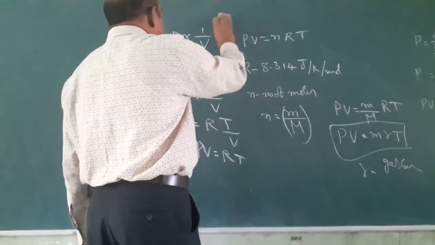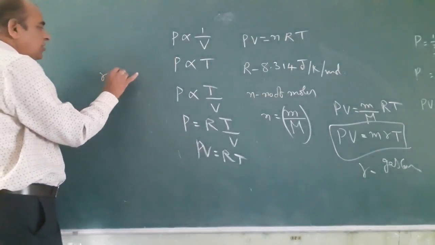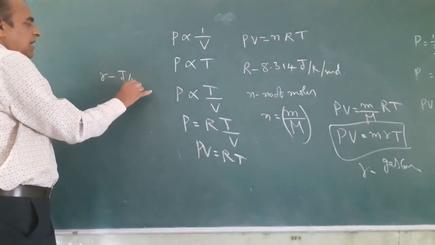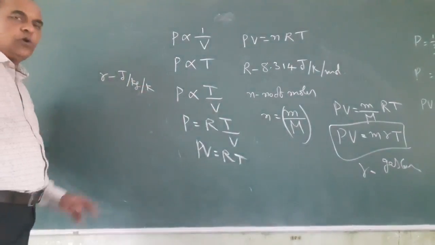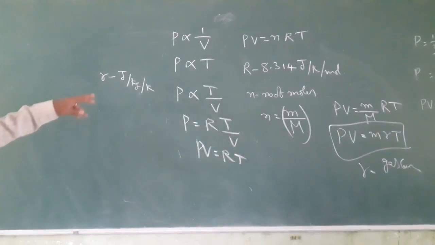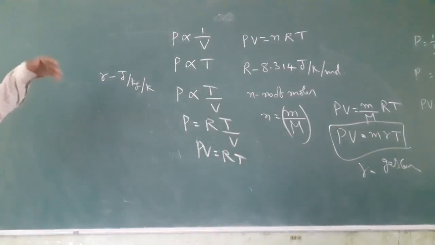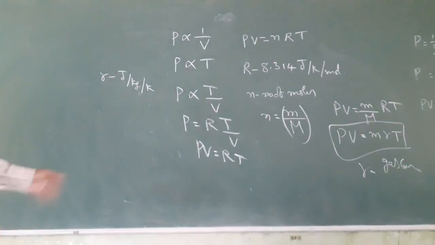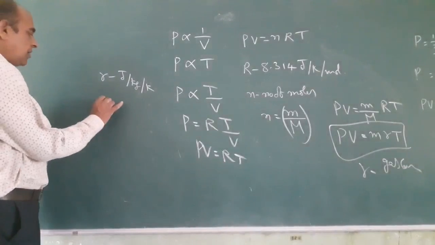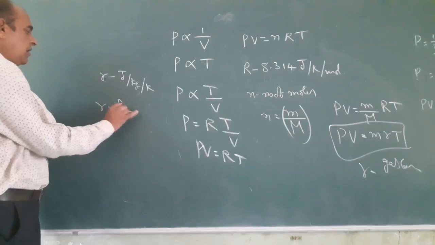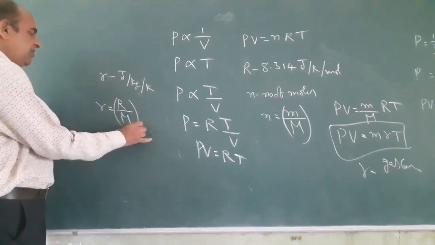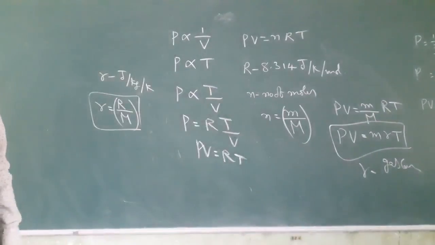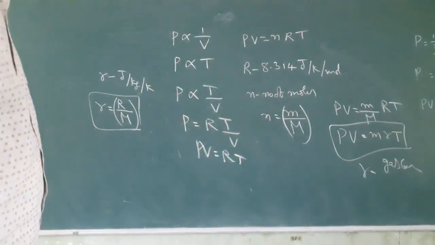The unit of small r is joule per kg per Kelvin. Its value is not fixed; it is different for different gases. What is the relation between small r and capital R? Small r is equal to capital R by molecular weight.